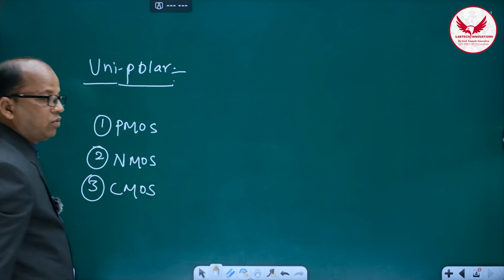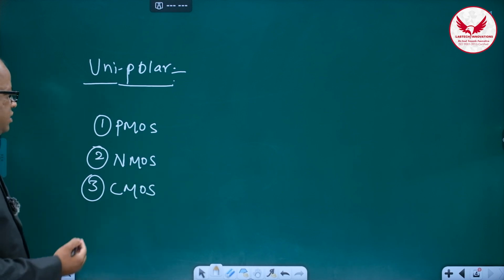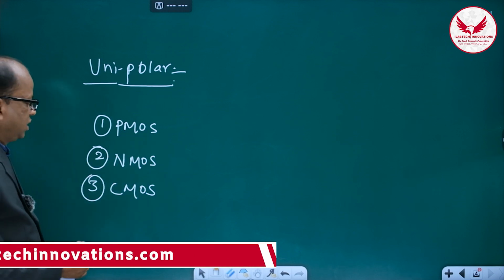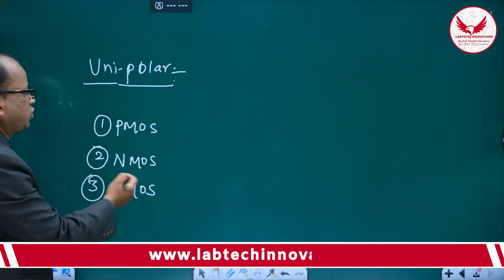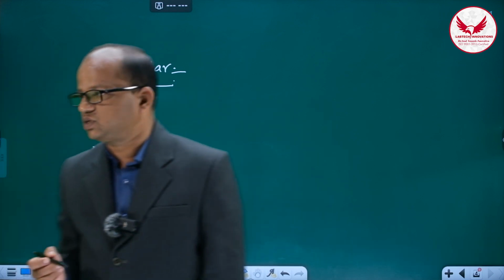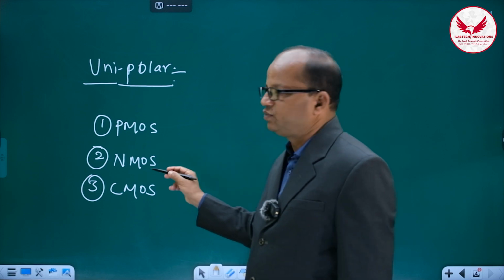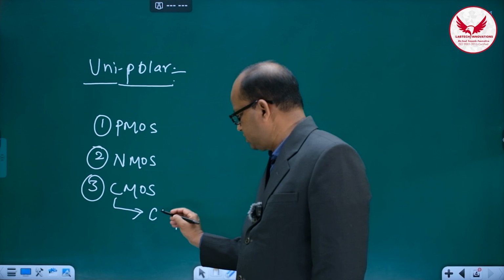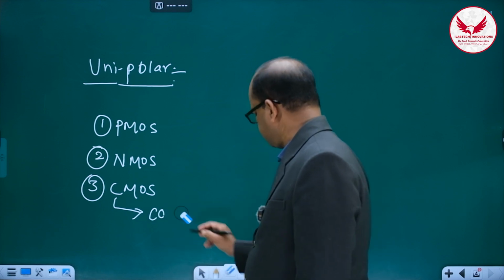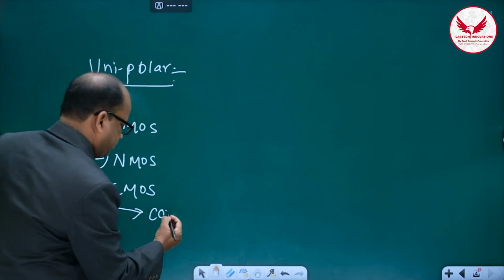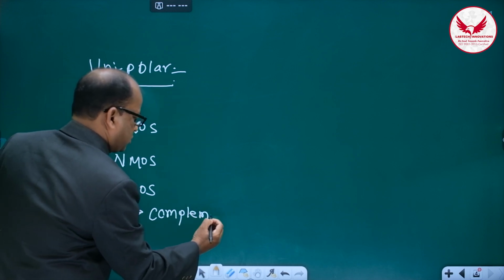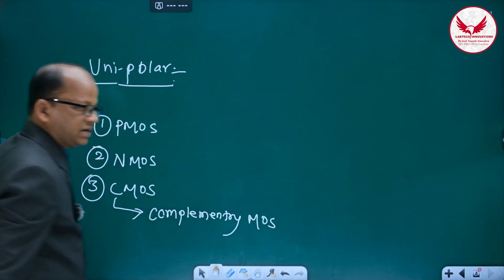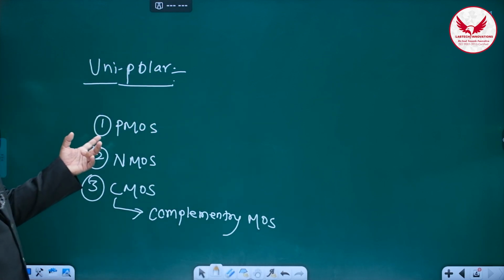So this is the complementary metal oxide semiconductor. Here P channel metal oxide semiconductor, N channel metal oxide semiconductor. This CMOS is the combination of both, that is, it consists of PMOS as well as NMOS, and that's why it is called complementary metal oxide semiconductor. Complementary means it consists of both PMOS and NMOS.